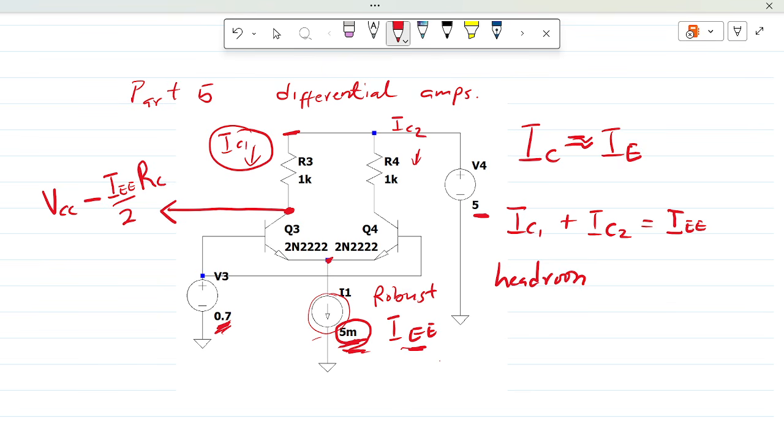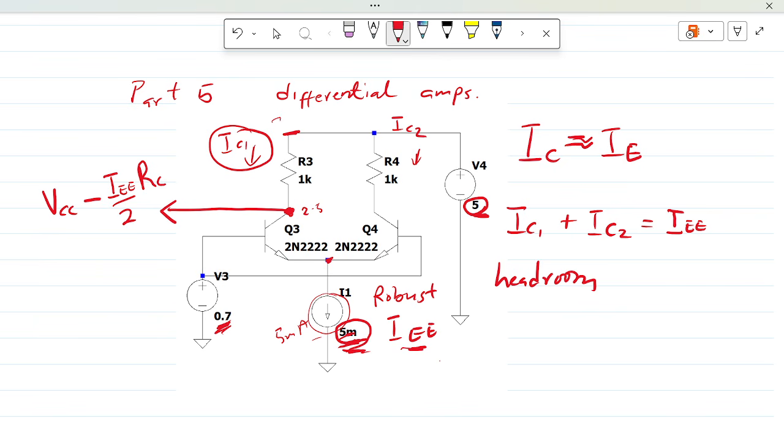Okay, so we could use this to determine the headroom easily. In this case, our voltage being 5, assuming I wanted the voltage to rest at 2.5 volts, then I set the current source to be 5 milliamperes.